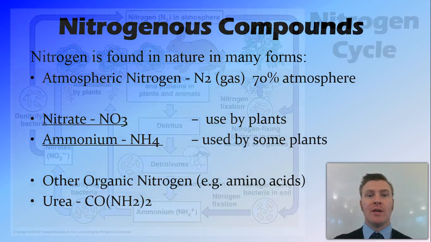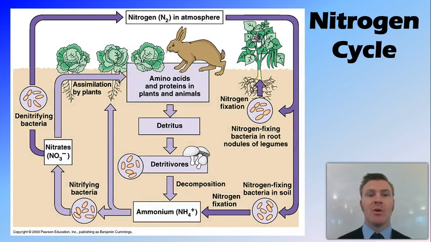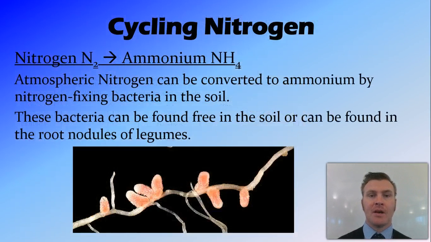So what we're going to do is look at the nitrogen cycle, which allows that atmospheric nitrogen to be turned into nitrates and used by the plants. Firstly, we're going to look at the conversion from atmospheric nitrogen, N2, into ammonium, NH4.